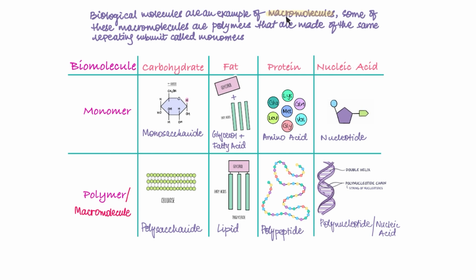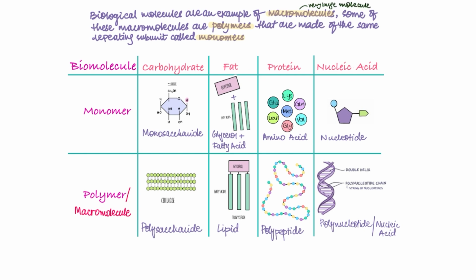Some of these macromolecules are actually polymers that are made up of the same repeating subunits called monomers. Now I've thrown in 3 terms: macromolecule, polymer, and monomer. Macromolecule actually means that a molecule is extremely large in size.